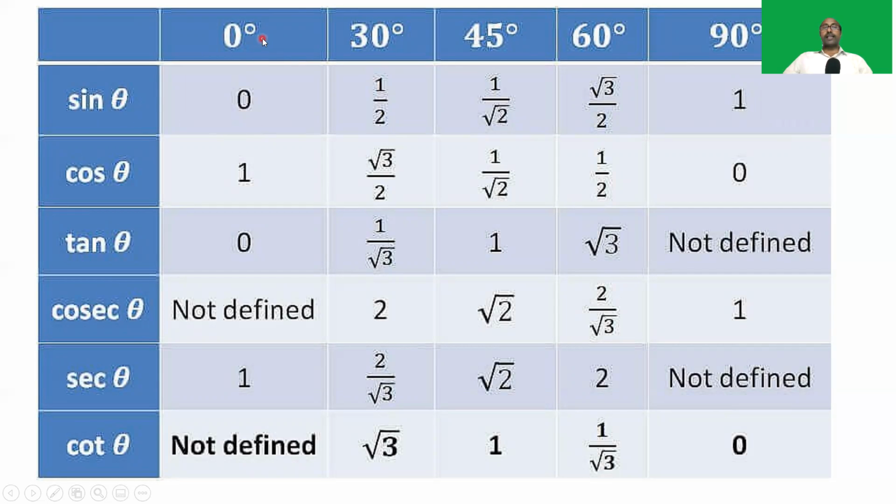In the first row, the angles are given, and in the first column, the trigonometric ratios are given, and the values of trigonometric ratios for different angles are like this. Sin 0 degrees is 0, sin 30 degrees is 1 by 2, sin 45 degrees is 1 by root 2, like this. Students, you must remember all these values to solve the problems.